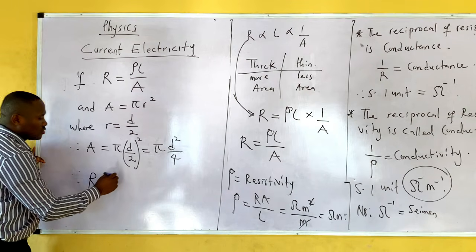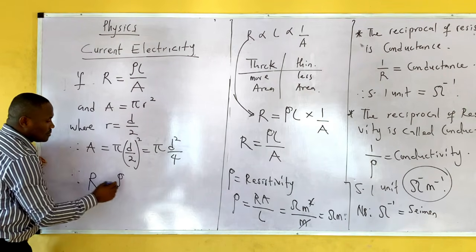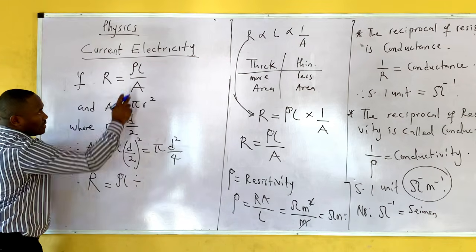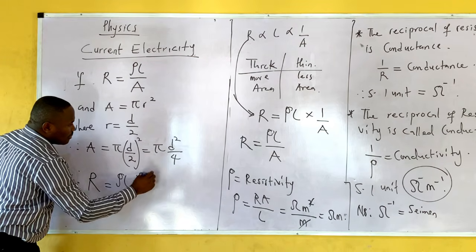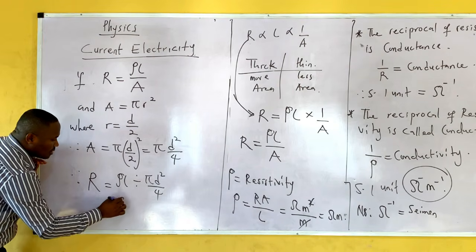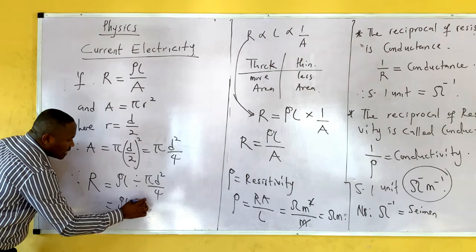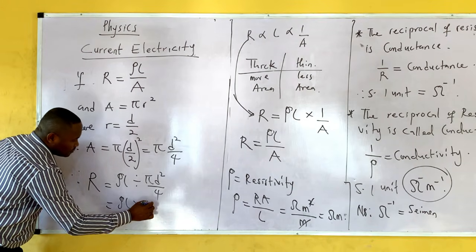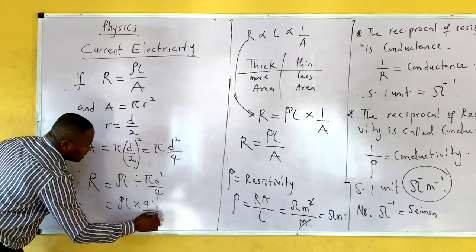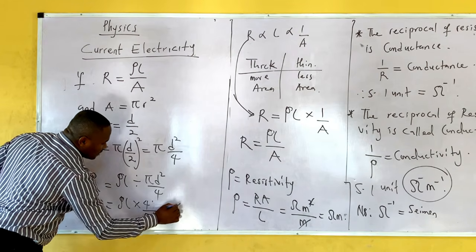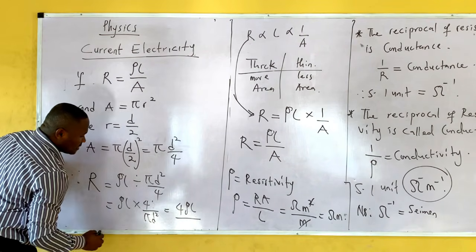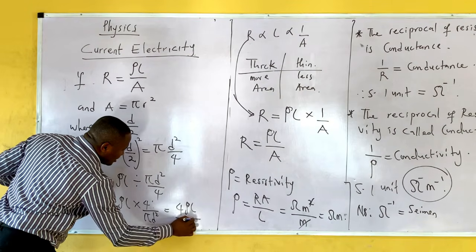So therefore, what will now be resistance? Resistance will now be equal to resistivity L divided by A. Now what's our A? Our A is now pi d square over 4. So this will be resistivity L times 4 over pi d square. So you will now have 4 resistivity L over pi d square.